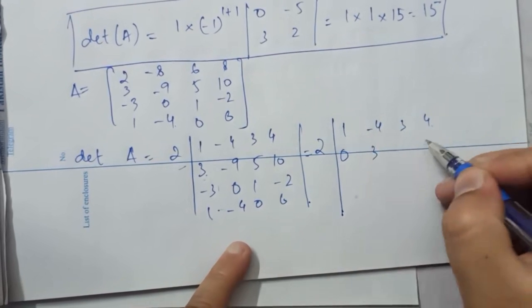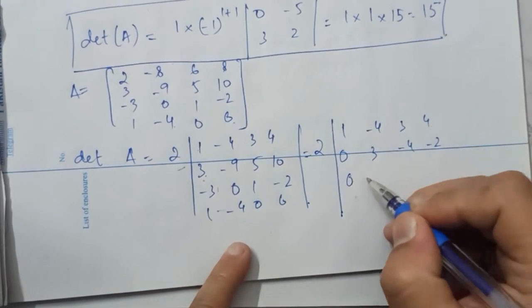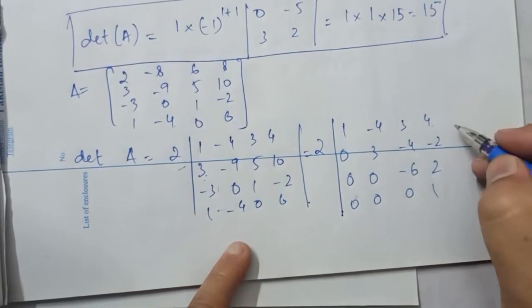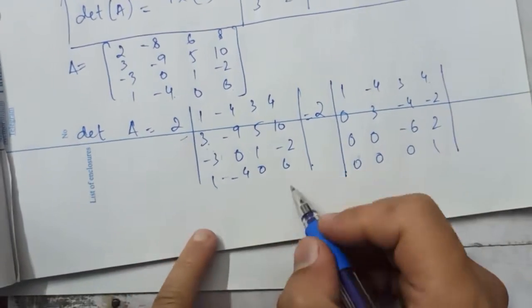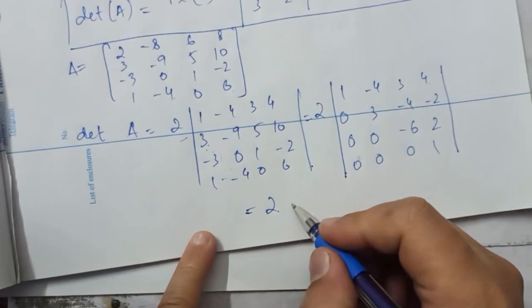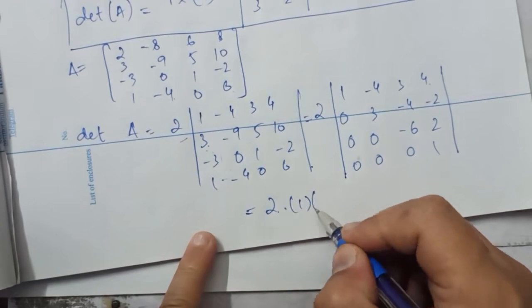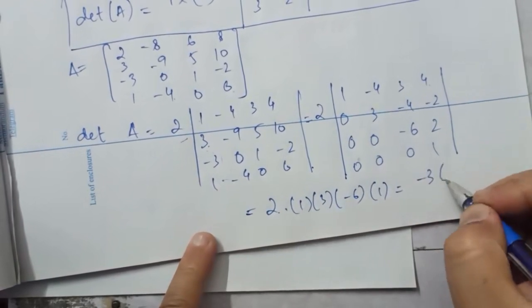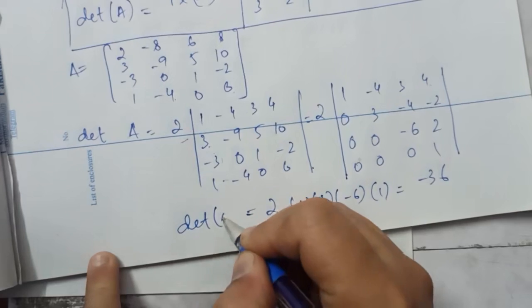So this is 3, minus 4, minus 2 becomes 0, 0, minus 6, 2, 0, 0, 0, and 1. When you do that, the answer simply becomes 2 times 1 into 3 into minus 6 into 1, and that comes out to be minus 36. Right.